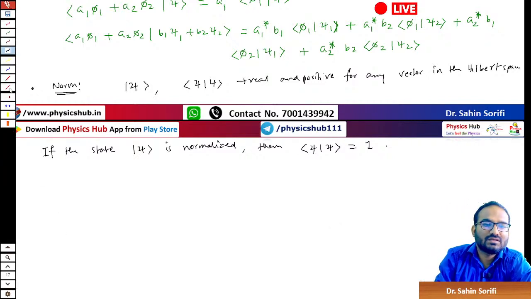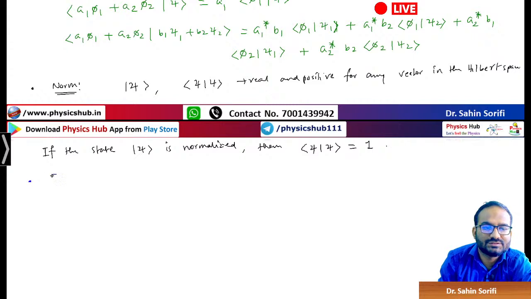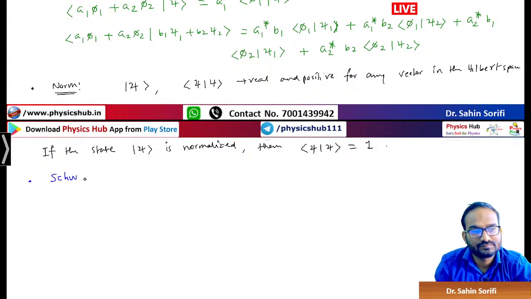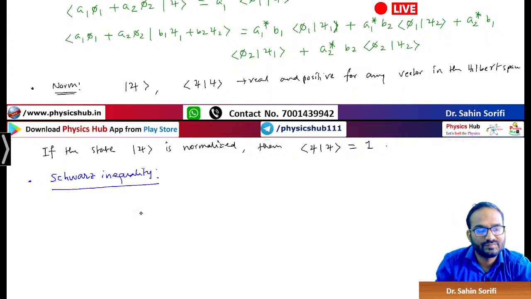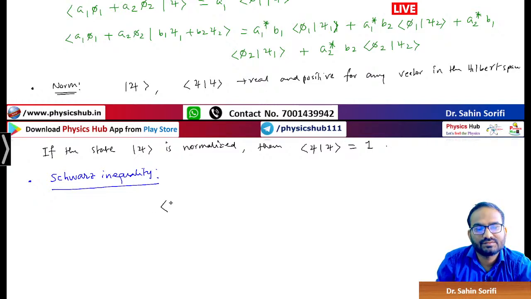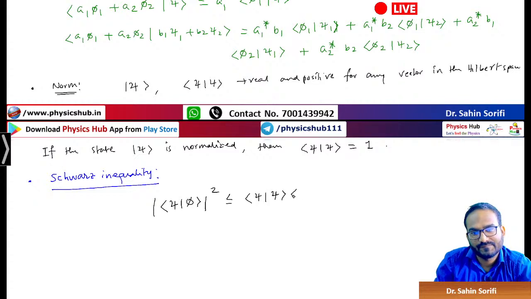Now some other less important properties are there, like the Schwarz inequality. You can just remember them or read them out. The Schwarz inequality is given by this: the scalar product of psi phi, take the mod square, is less than or equal to psi psi times phi phi.